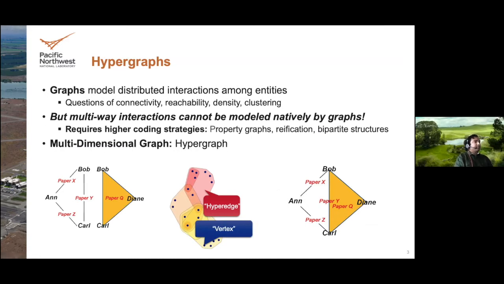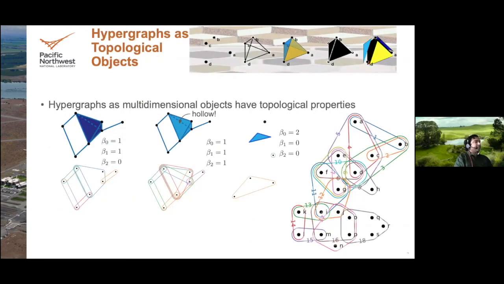On the next slide, we are showing that hypergraphs, since they are multidimensional objects, have some topological properties. These hypergraphs can be hollow or void, or there can be solid inside them.